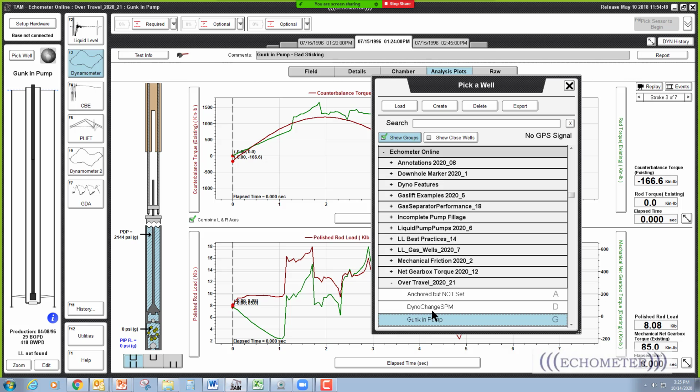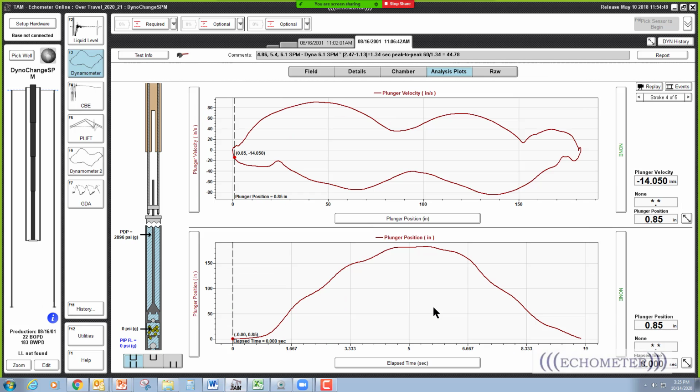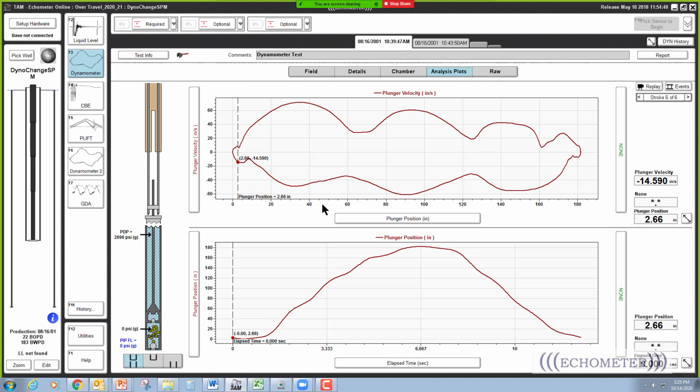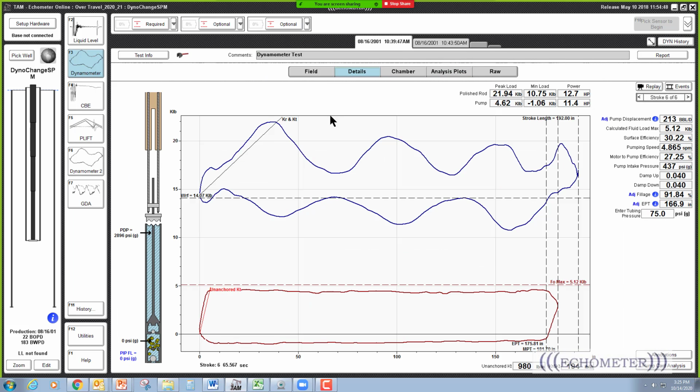This well we've looked at before, but I like this example because there's three examples here. Let's look at dynamometer data. This one is going less than 5 strokes a minute, and you see 1, 2, 3, 4 echoes.